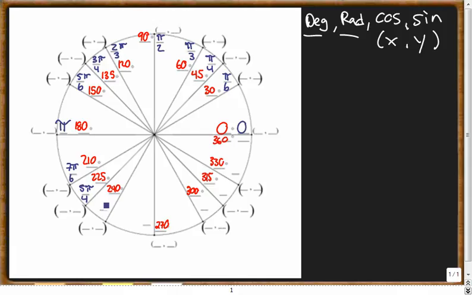We then have 4 pi over 3. This makes 3 pi over 2. We have 5 pi over 3. We have 7 pi over 4. And lastly, we have 11 pi over 6. And 2 pi all the way around.